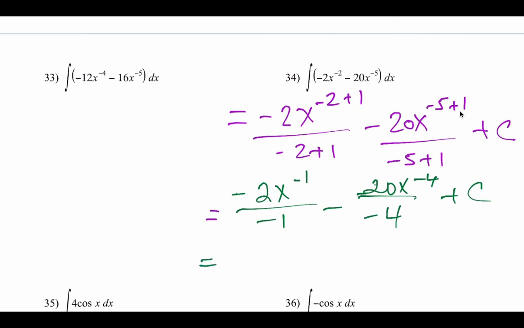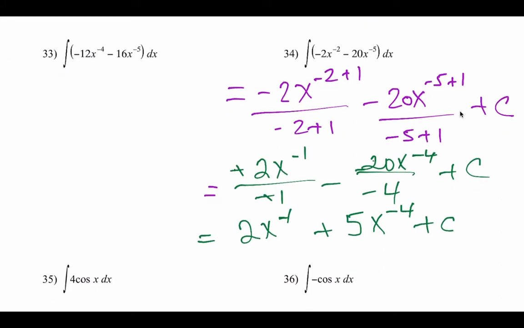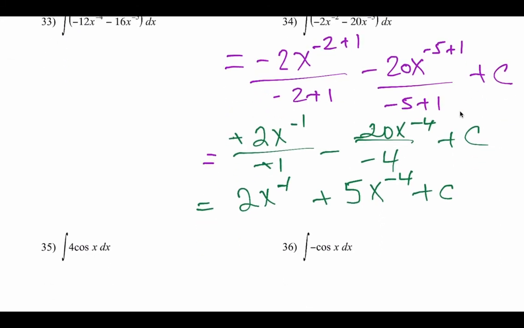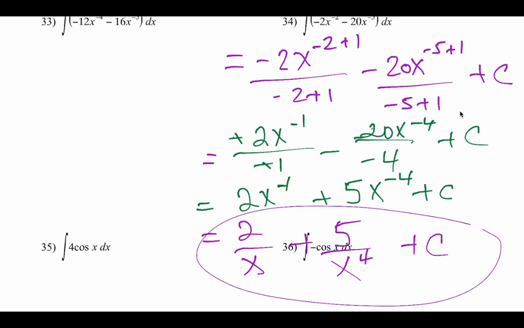So the negatives cancel out, and I have 2x to the negative 1, minus, this is negative, so it turns into positive 5x to the negative 4, plus c. But keep in mind, we don't like the negative. We cannot have a negative exponent, so just bring it down. So it turns into x on the bottom.